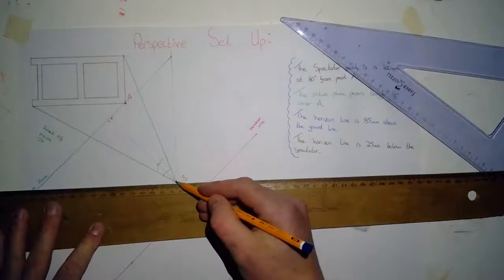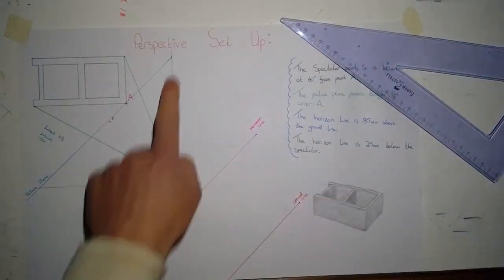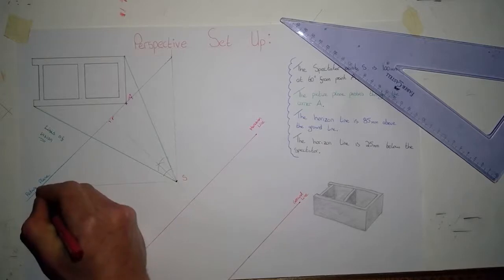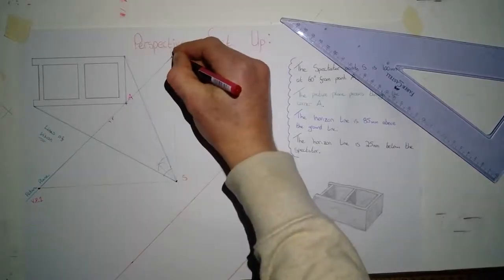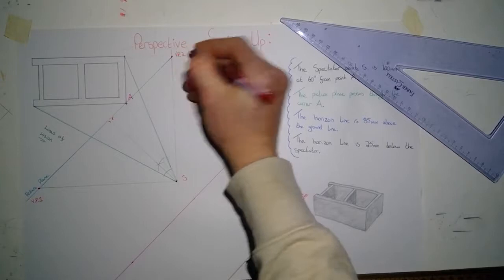We're going to draw one vertical and one horizontal, so we end up with this big massive L sort of a shape. Where these cross the picture plane are the vanishing points. So that's vanishing point 1, I'll call it, and the one up here I'll call vanishing point 2.